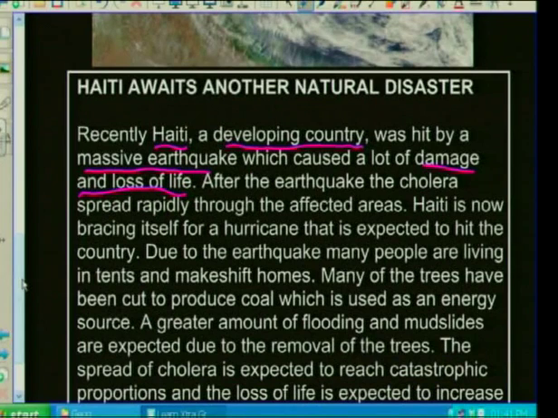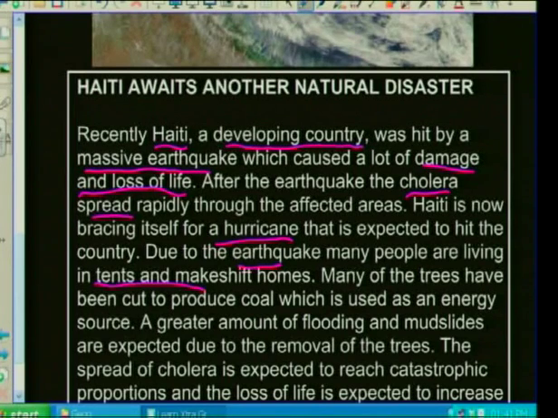After the earthquake, cholera spread. Remember, waterborne diseases. Haiti now is bracing itself for a hurricane that is expected to hit the country. Okay, due to the earthquake, many people are living in tents and makeshift homes.